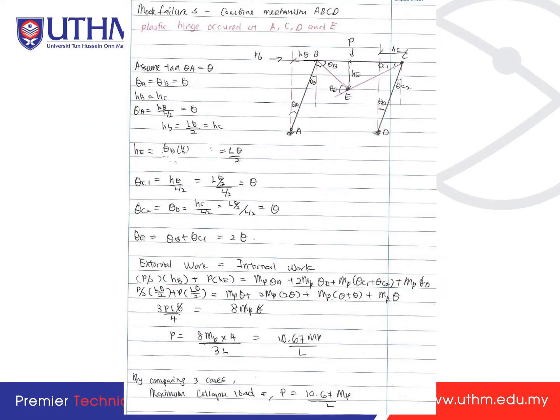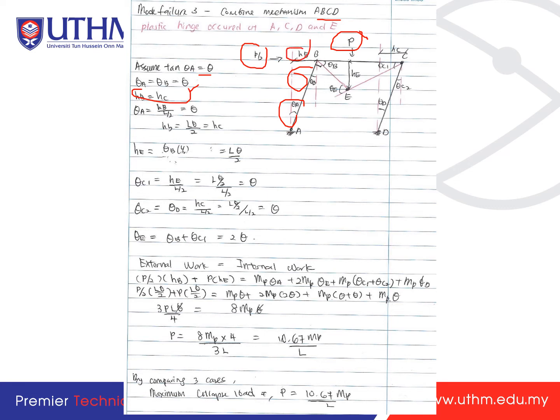Then we look at the combined mechanism A, B, C, D for failure mode 3, the last failure mode. Here you have P over 2 causing the sway, and here is the P applied at the beam for the beam mechanism. You can see that we assume tan theta A is equal to theta. So theta A is equal to theta B, and HB is equal to HC.